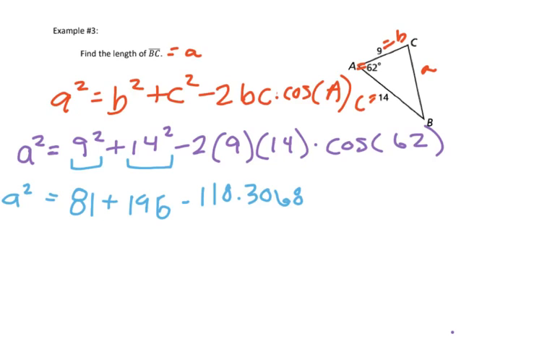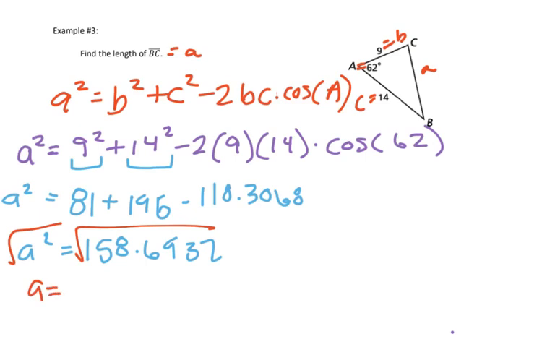So, if we simplify that, 81 plus 196 minus 118 leaves us with an a squared of 158.6932. So to solve, we take the square root, and now we finally know the side length of a as 12.60 if we round.